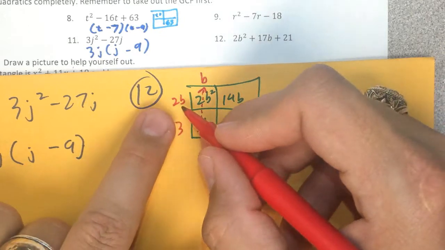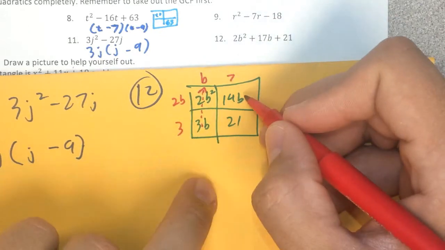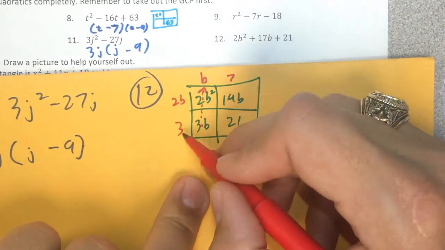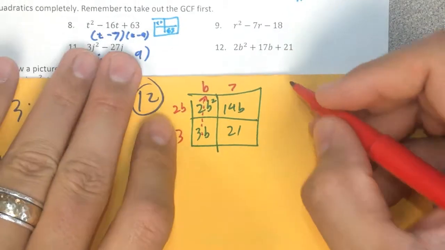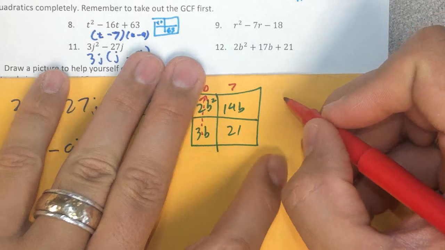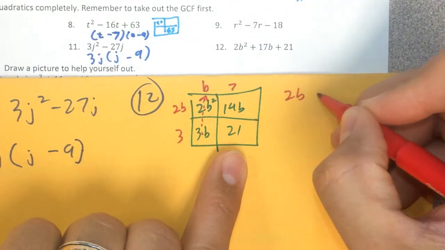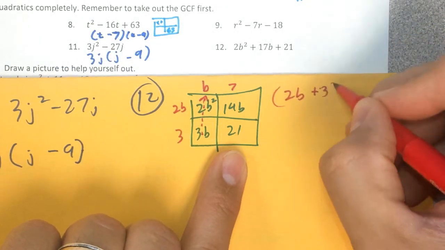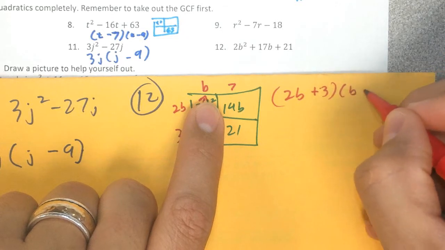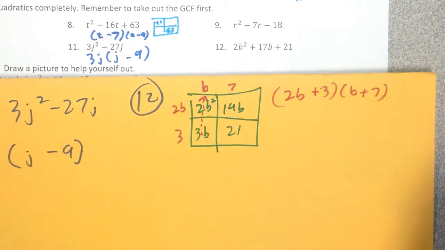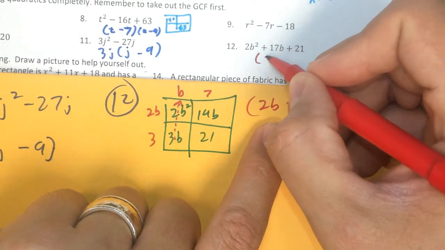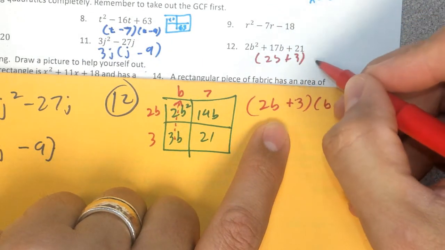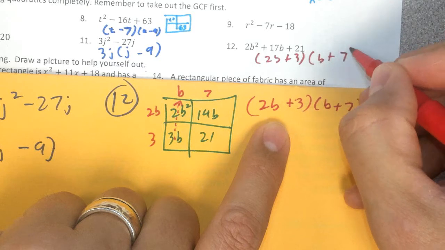Multiply that by 3, multiply that by 7. Make sure I did it right. 7 times 3 is 21. Yep, I'm good for that. So that's my factors here. I'm going to have 2b plus 3 and b plus 7. That's it for 12. 2b plus 3, b plus 7.